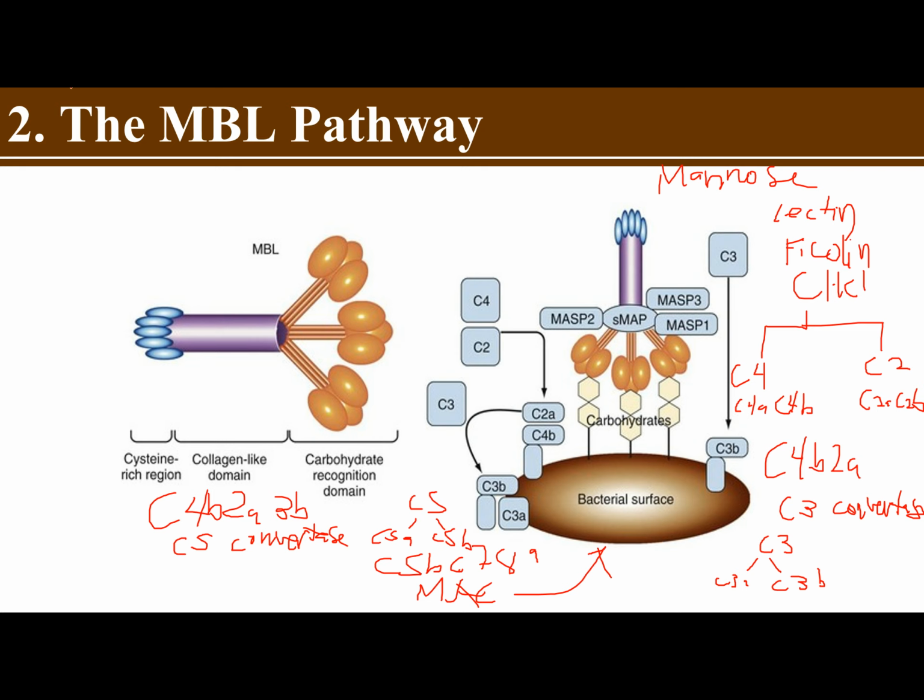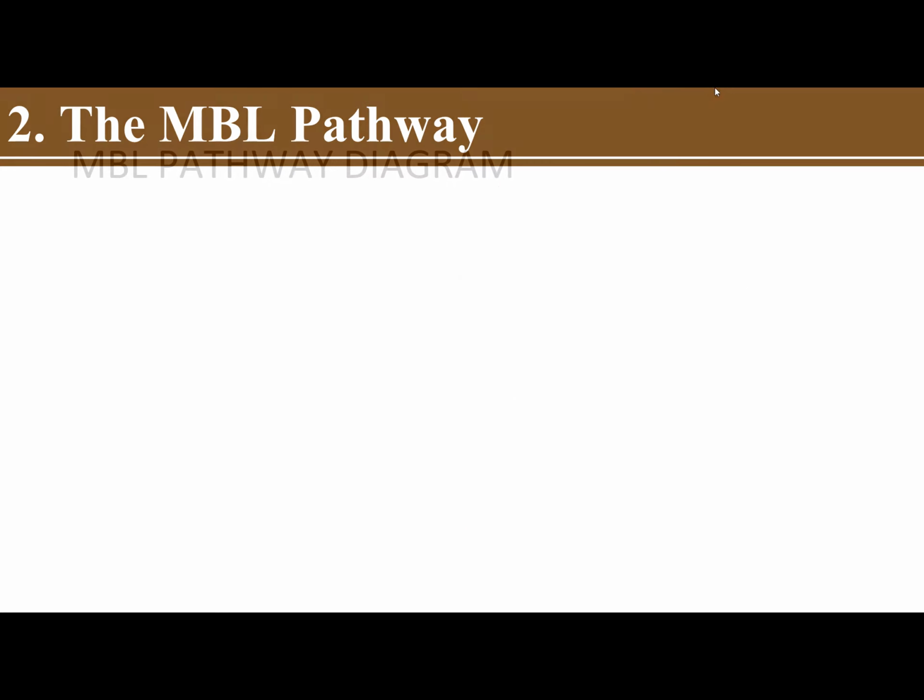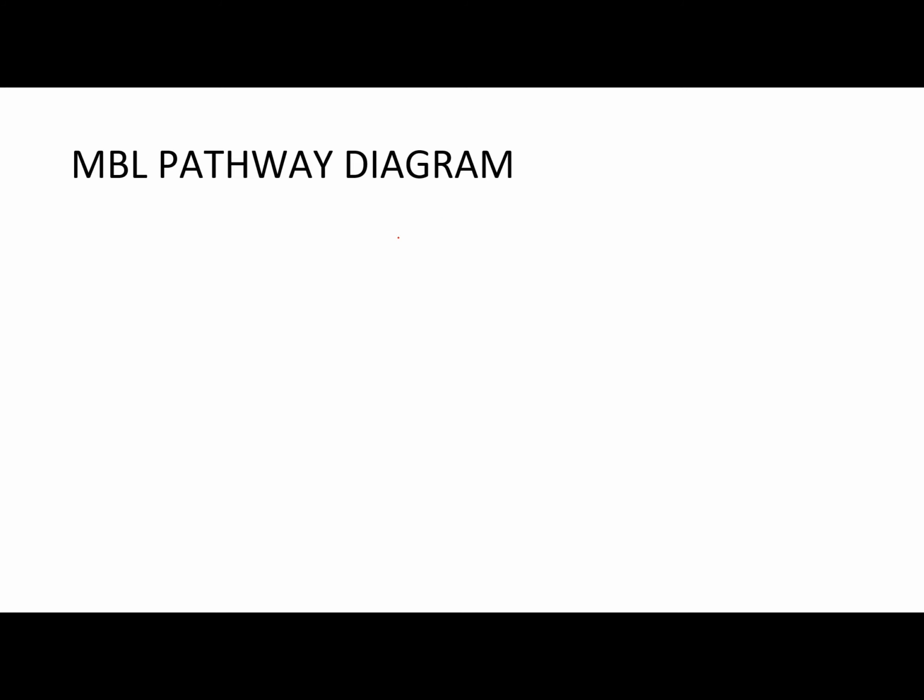So if you notice, class, similar lang sila. They are very similar with your classical pathway. The only difference is the way it is activated. So it would be activated by certain carbohydrates found on the bacterial surface, such as your mannose. Balik tayo dito. Okay.